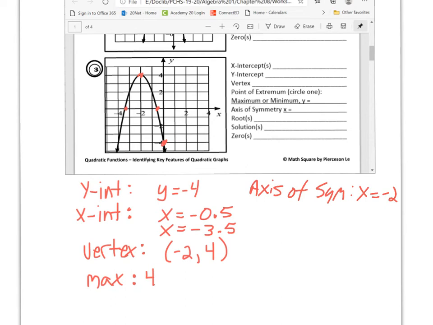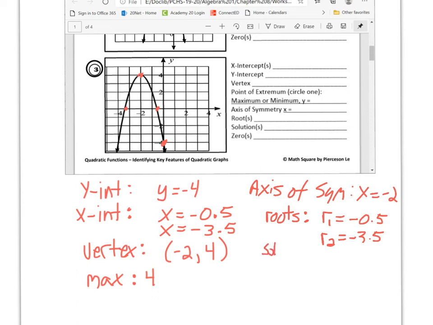And now finally the roots, solutions, and zeros. Okay, our roots, it turns out, are r1 equals negative 0.5, and our second root, r2, is equal to negative 3.5. They're the x-intercepts. That's it.